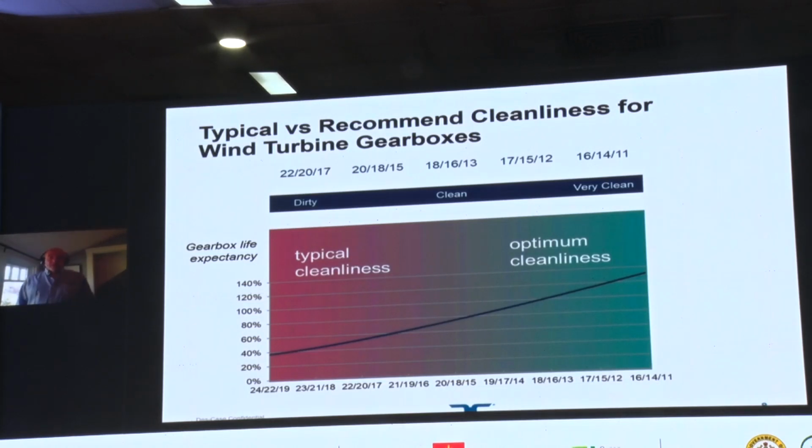So while that's certainly not as bad as it could be, optimum cleanliness, which for most wind turbine gearboxes is around a 17/15/12, or even a 16/14/11, if we can establish that level of cleanliness in a gearbox, we potentially can double the life of that gearbox. So instead of the gearbox failing at 7 to 10 years, we may be able to achieve the full 20 or 25-year design life for that gearbox.